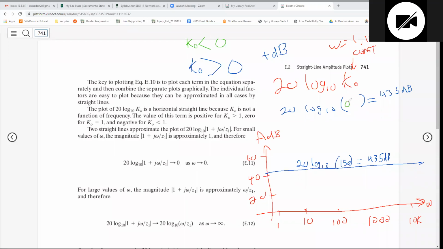What if this is 0.15? Well, you have to do the numbers again. I'll tell you it's going to be a negative number for sure. In our case, this is negative 16.5 dB. So anytime your K0 is a decimal, you're going to have a negative dB.